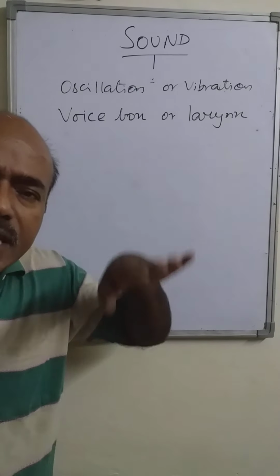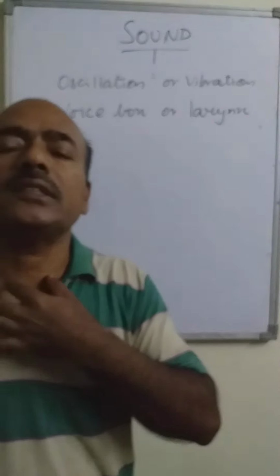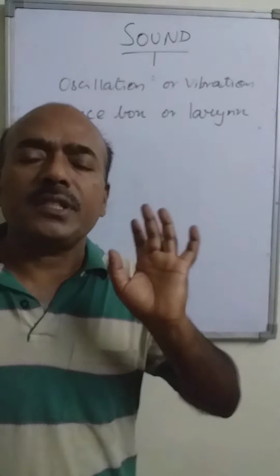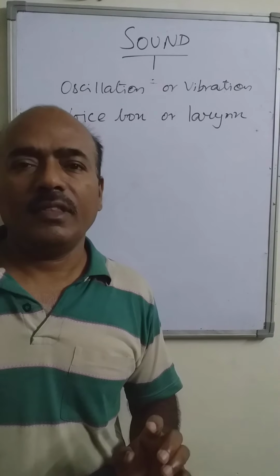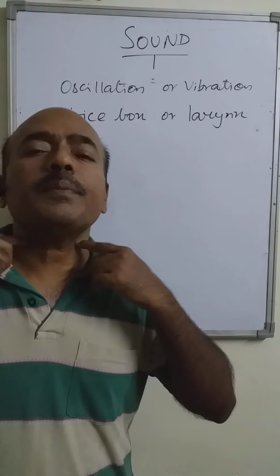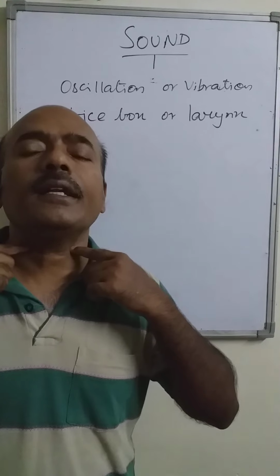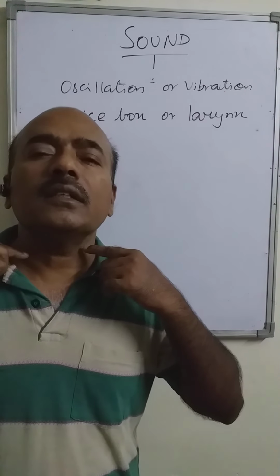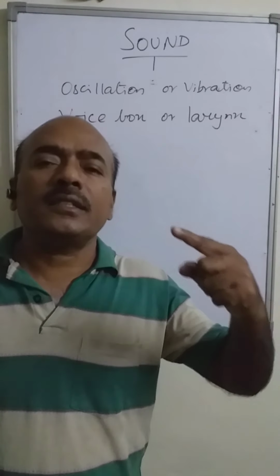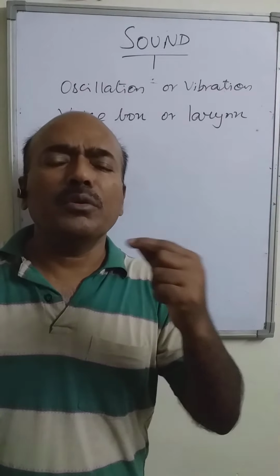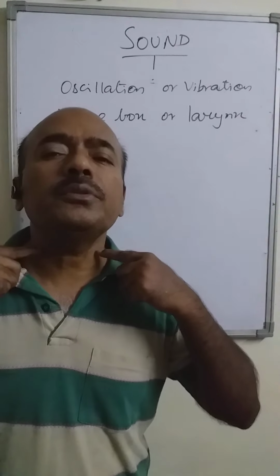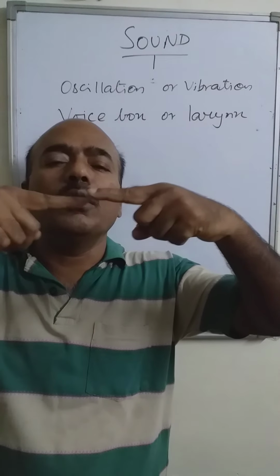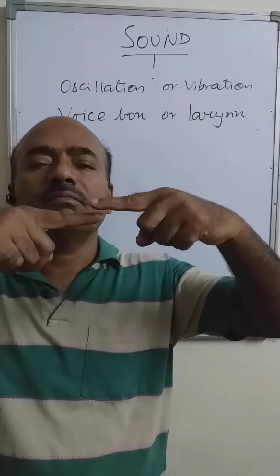Then inside the voice box, in this part, what actually is present? In this part, here, there are two strip-like structures grown. The tissues are grown in the form of strips in the opposite direction, like this.